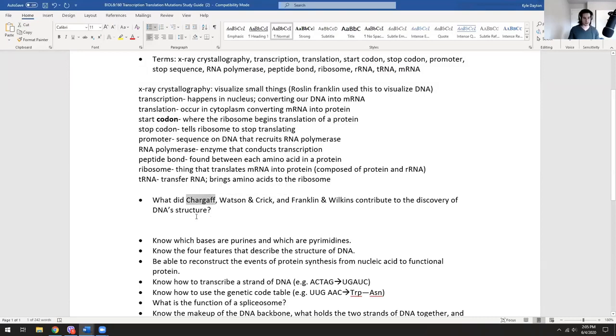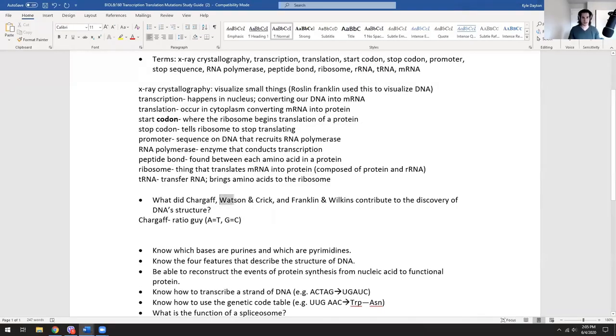So Chargaff was the ratio guy. To further define this, A should equal T and G should equal C, if you were to take a DNA sample.